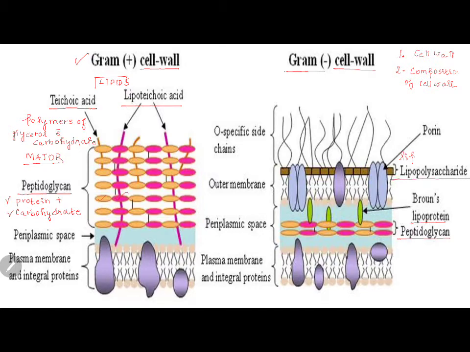Lipopolysaccharide means lipid plus carbohydrate. So it was protein and carbohydrate which is more in gram positive bacteria cell wall. It is lipid and carbohydrate which is more in gram negative cell wall.